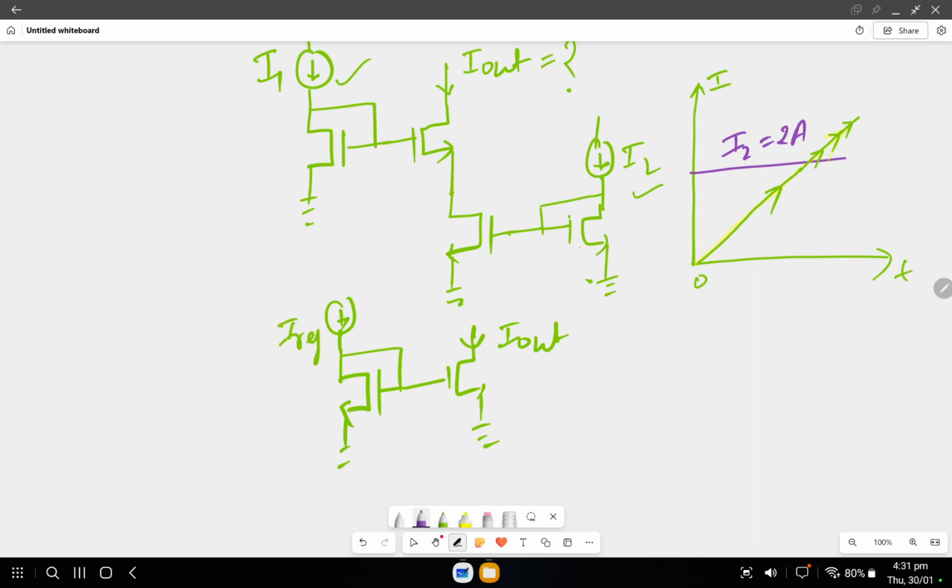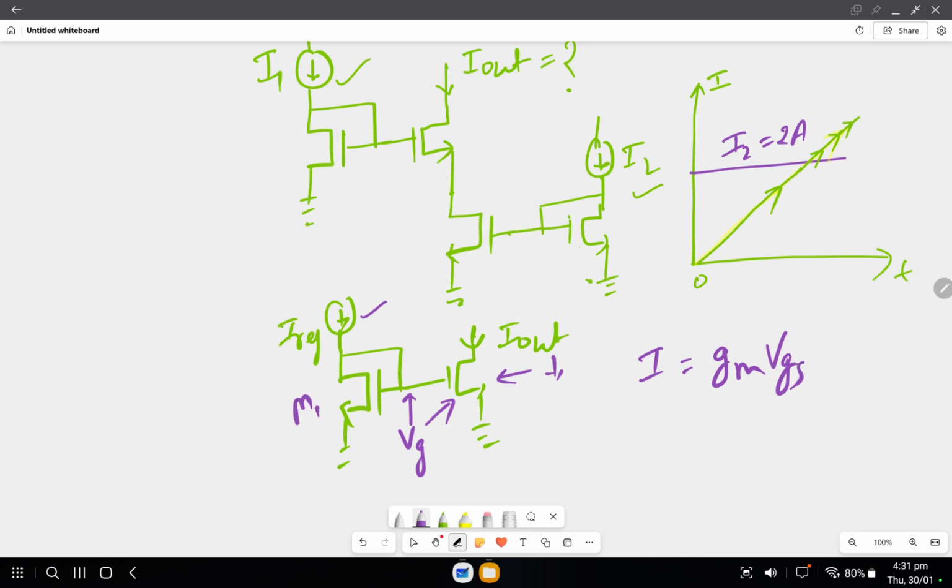So what will happen, this IREF will generate some VGS here, and this VGS will generate this I out current, because our I is related to VGS with this equation, I is equal to GM VGS.